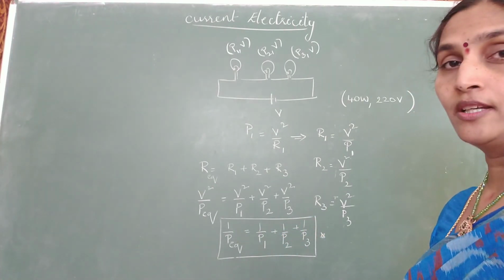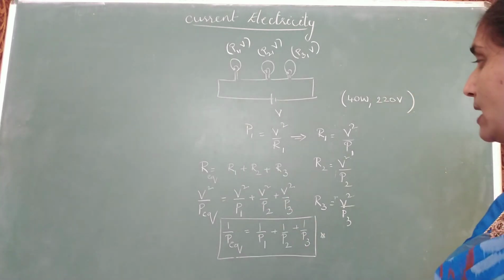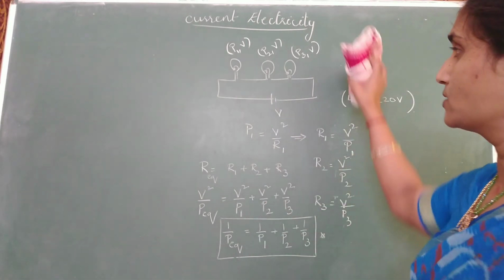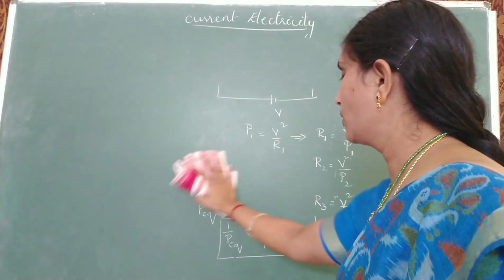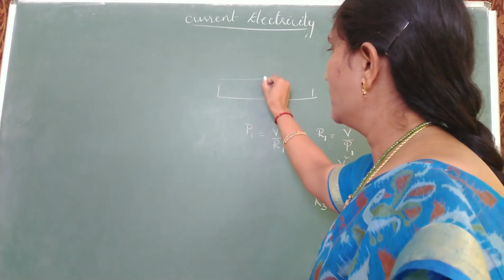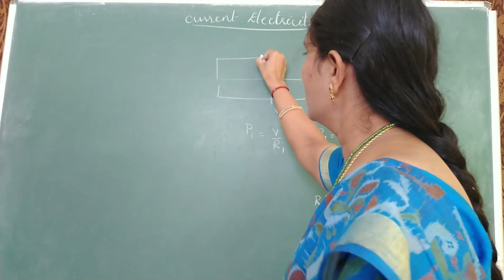Now what would happen if they are connected in parallel combination? If I connect all the 3 bulbs in parallel, I'll keep the resistances as they are, R1, R2 and R3, and change the circuit to parallel combination. The three bulbs are connected in parallel.